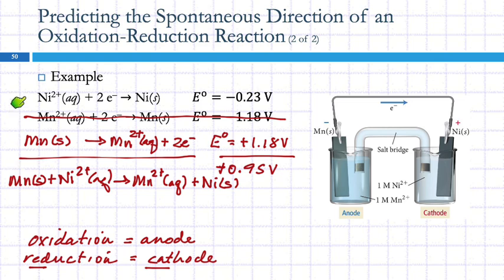So then I look at these, which one's the oxidation, which one's the reduction? And then I think oil rig. So oxidation at the anode. So on this side, I'm looking for the oxidation, the thing that's losing electrons. That's this guy. So this would be at the anode, as it's shown here. And the other one would be the cathode.